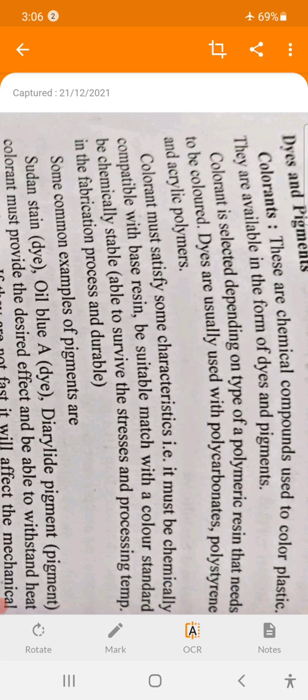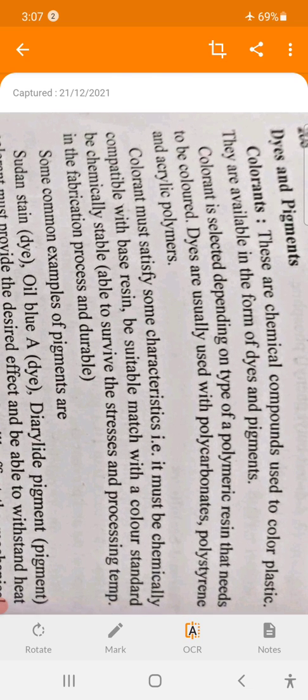So as to make that plastic material more attractive, color is an essential thing for plastic equipment, and therefore, so as to color that polymer material, dyes and pigments are added during their manufacturing.